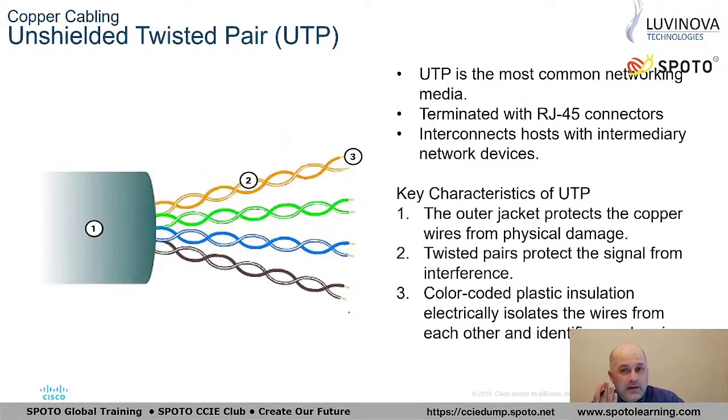So it means we have 4 groups of wires twisted in pairs, and that cable is used to form our local area network. At the end, we terminate the cable with RJ45. RJ45 is the connector which goes onto the cable, and then we use that connector to connect the cable into the network.